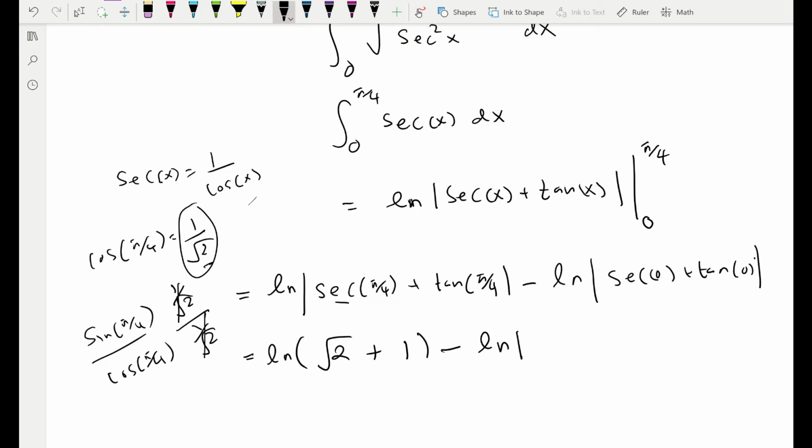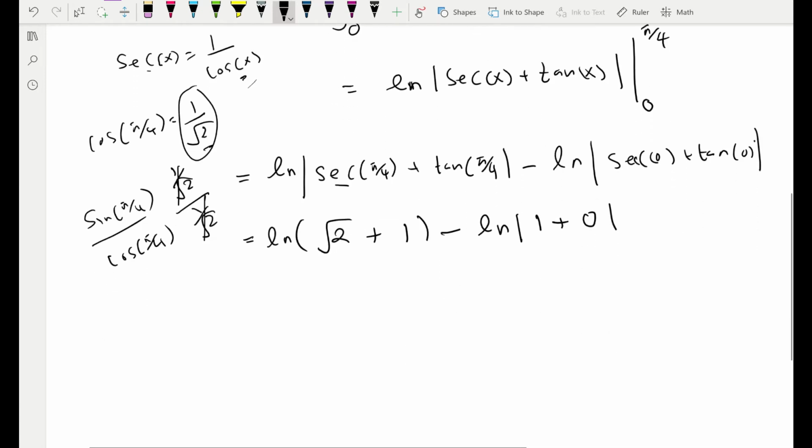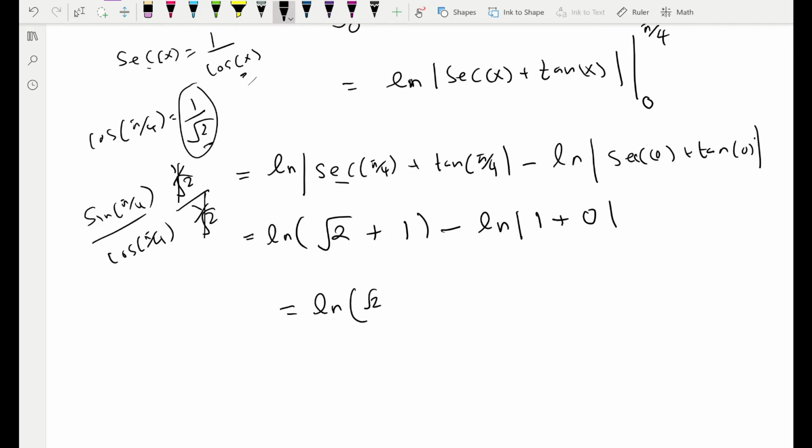Minus natural log secant 0. Secant 0 is the same as finding the cosine 0; if you know cosine 0, you can find secant 0. Cosine 0 is 1, so secant 0 is also 1. Plus tangent 0 is 0, because sine 0 is 0. So what we have is natural log of square root 2 plus 1, minus natural log of 1 plus 0, which is 1. Again, you don't need the absolute value because 1 is a positive number.